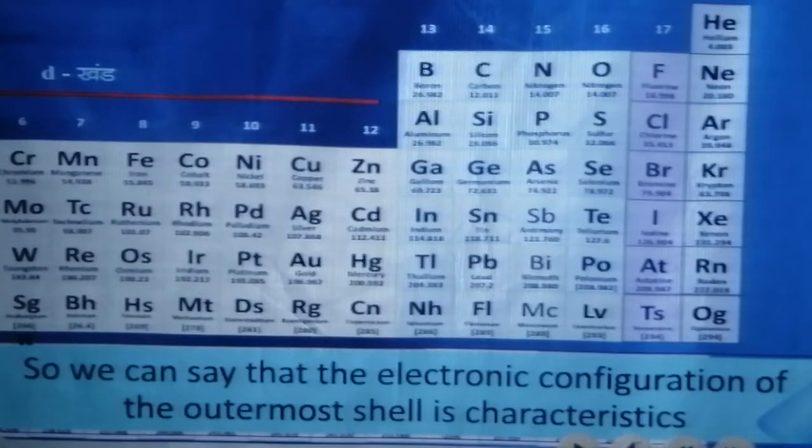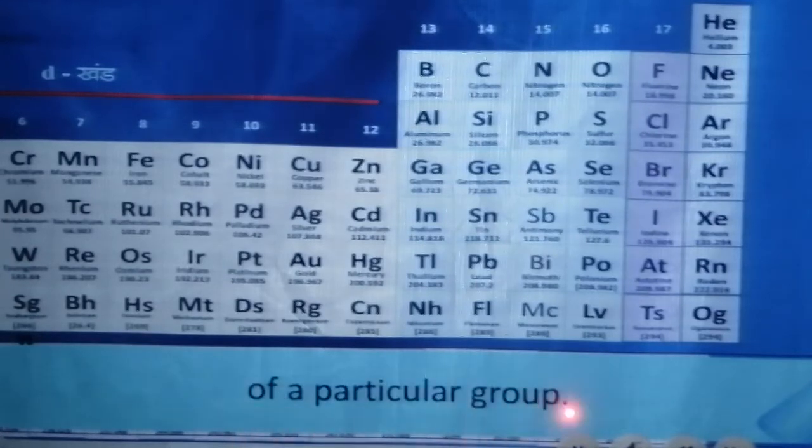When the number of shells increases, the radius of the elements also increases, because the distance between the nucleus and the shell is called the radius. So we can say that the electronic configuration of the outermost shell is characteristic of a particular group.